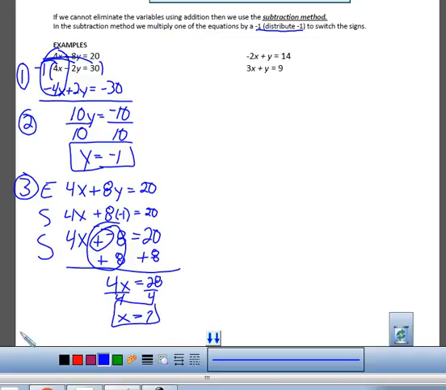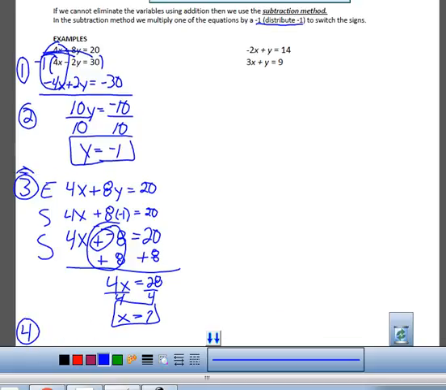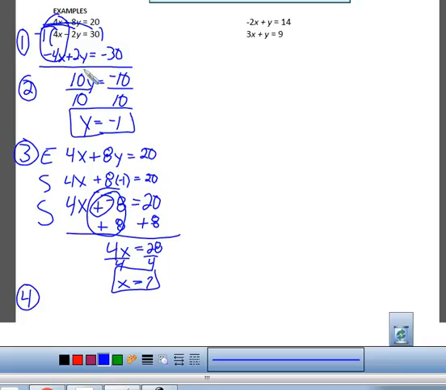Now my next step, step 4, is to do the check. I do the check with the other equation. Now remember, the other equation, the original equation was 4x minus 2y equals 30. That's what you're going to use. Don't use the one that you got when you multiplied by negative 1.